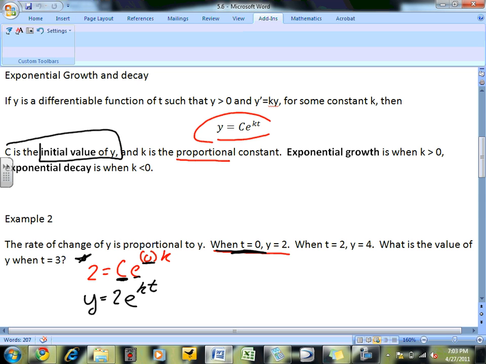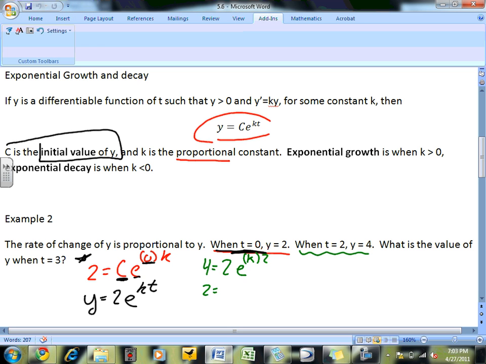And so we're left to solve for k, and we're left to solve for t. Well, they gave us another set of conditions here. They say when t equals 2, y equals 4. So let's plug in: 4 equals 2 times e to the k times t. We don't know what k is, but we know that t is 2. So let's go ahead and solve for k. Let's divide by 2.